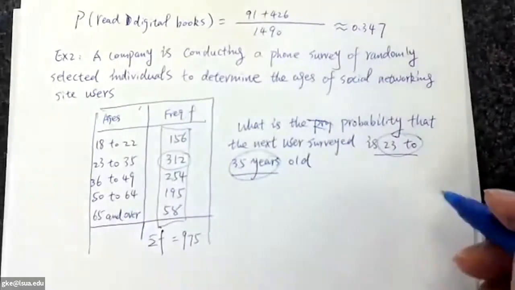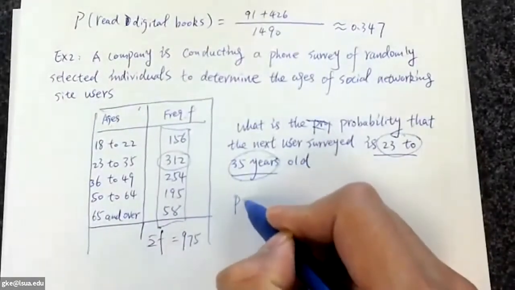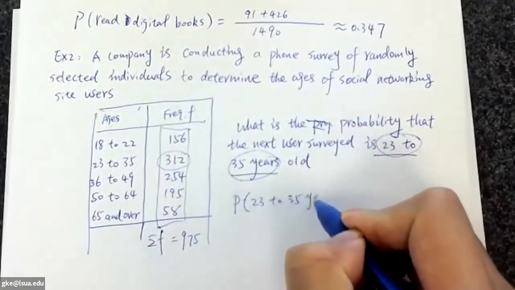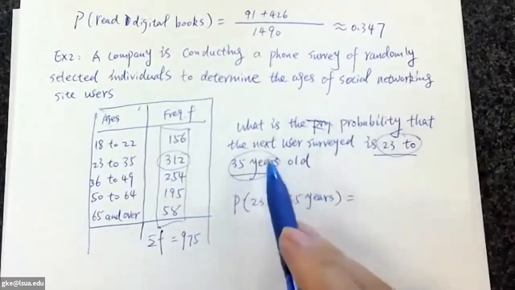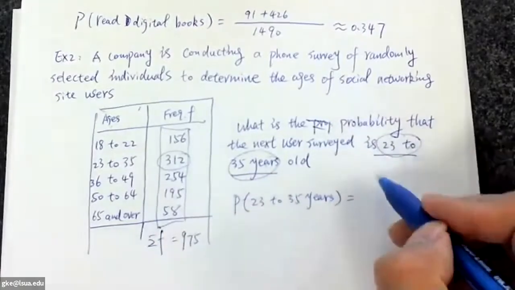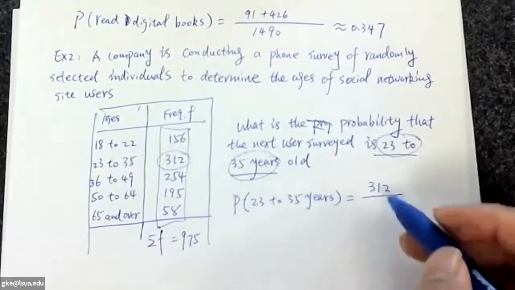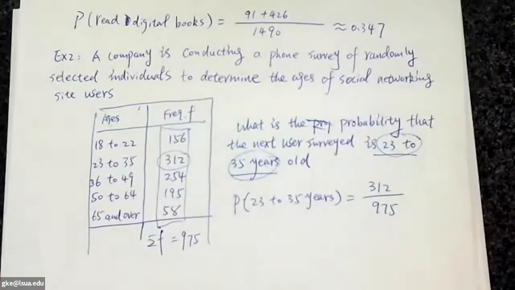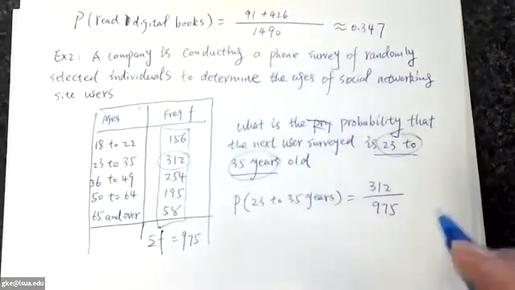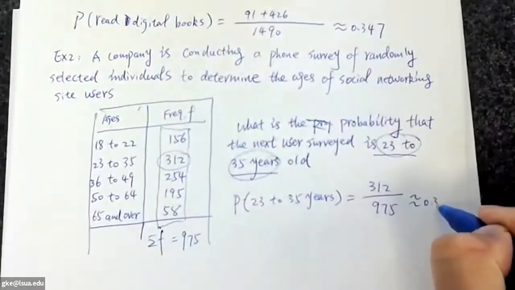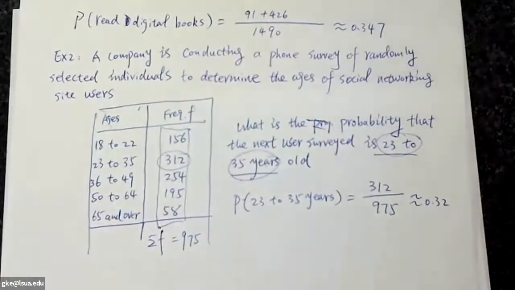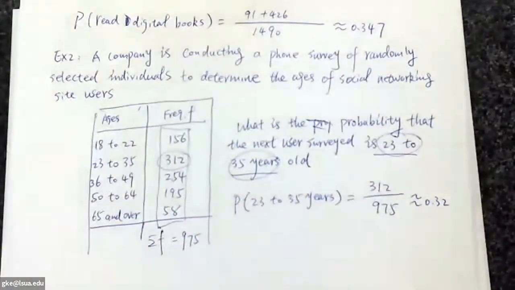Okay, so now we can plug in 23 to 35 years. For the numerator, that's the frequency for this event, 312, divided by the total frequency, 975. And you're going to get 0.32. Good job. Now I'm going to give you guys a question to try.